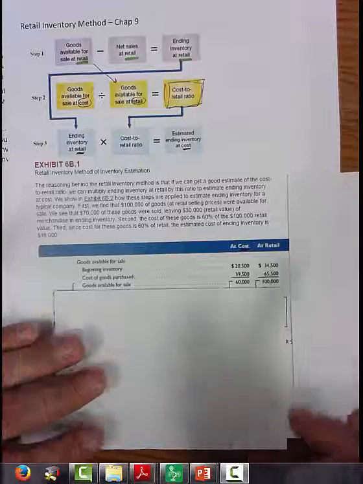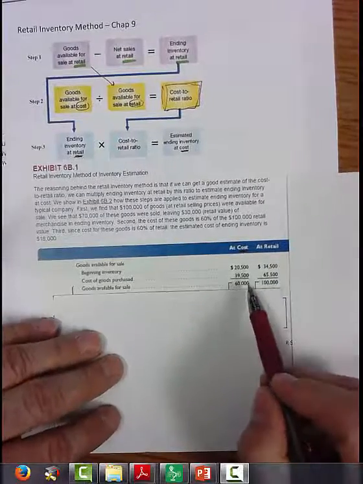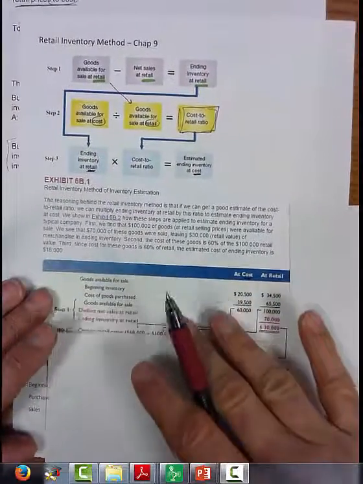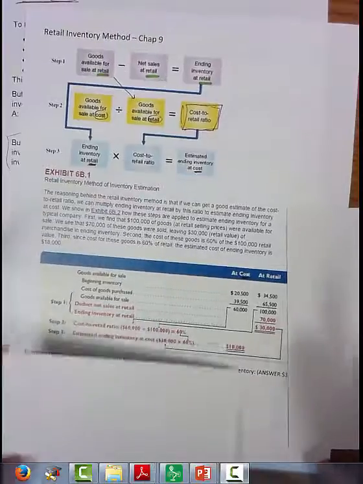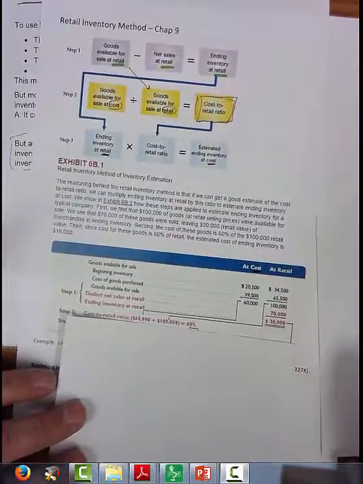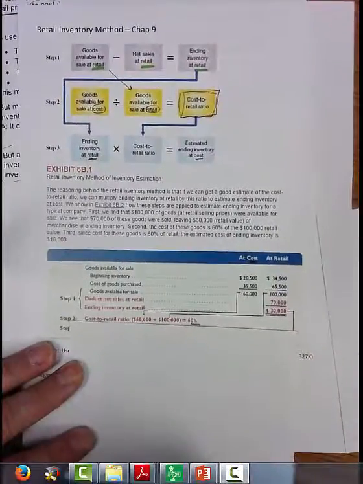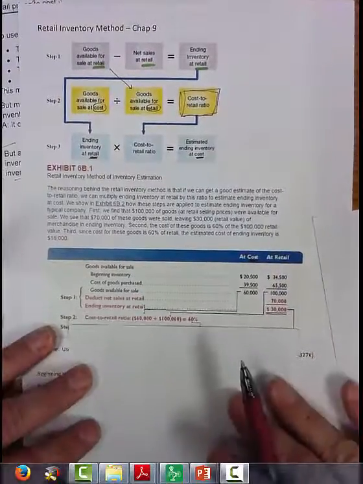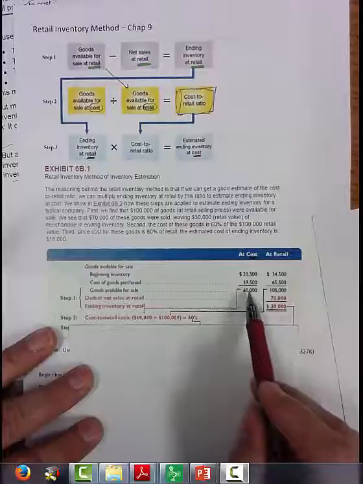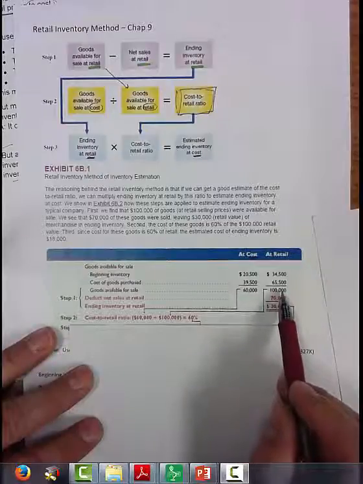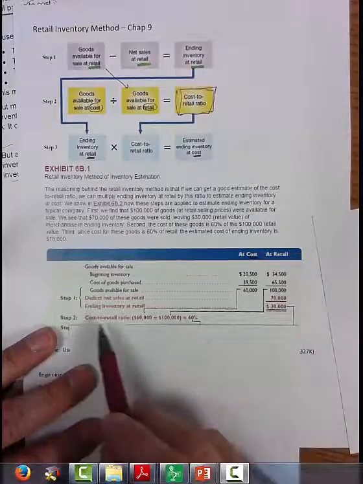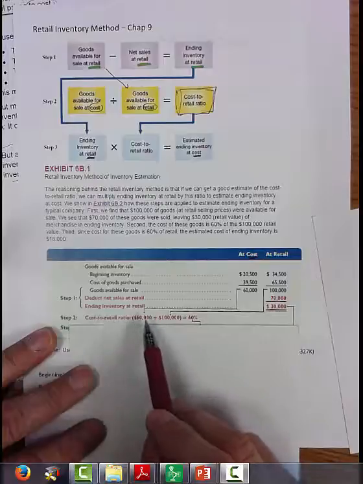Now what we could do is divide these two numbers by each other, and we get the cost to retail amount, or ratio. 60 divided by 100 is 60%. That's the cost to retail ratio.